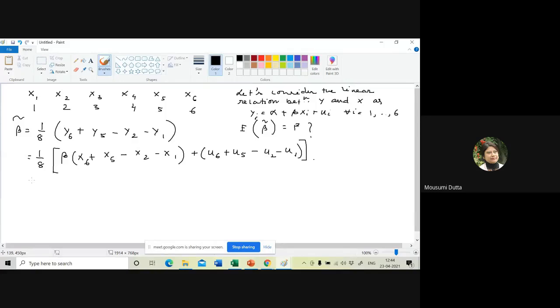In the next step, you have to consider expectation of beta tilde. You know the values of x6, x5, x2, x1. So before taking expectation, you can put the values too. What is the value of x6? 6.